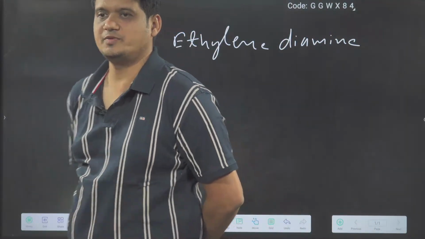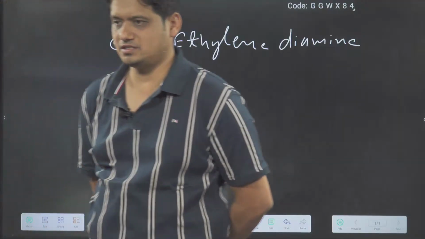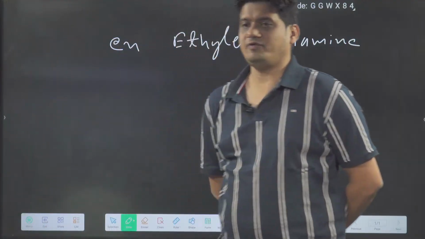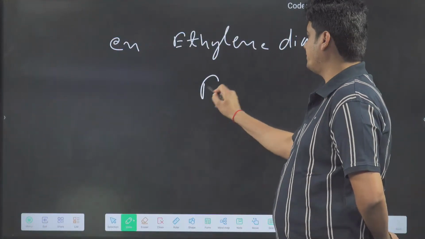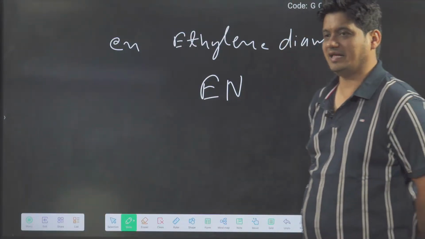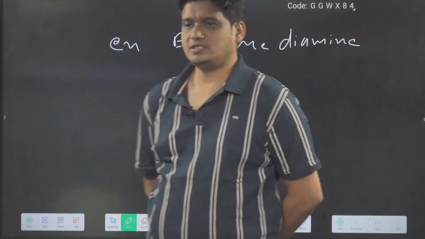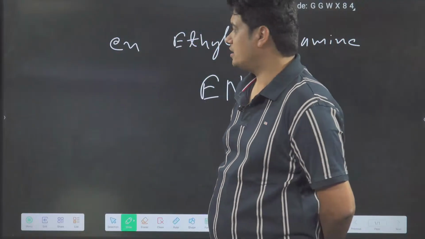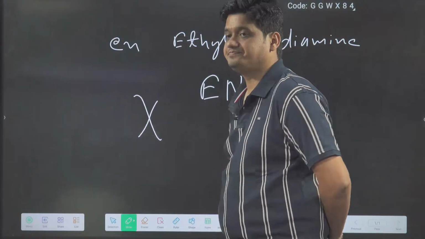That's why it is better to know the correct representation. To make life easy, sometimes we write En for electronegativity, but the correct abbreviation is chi.